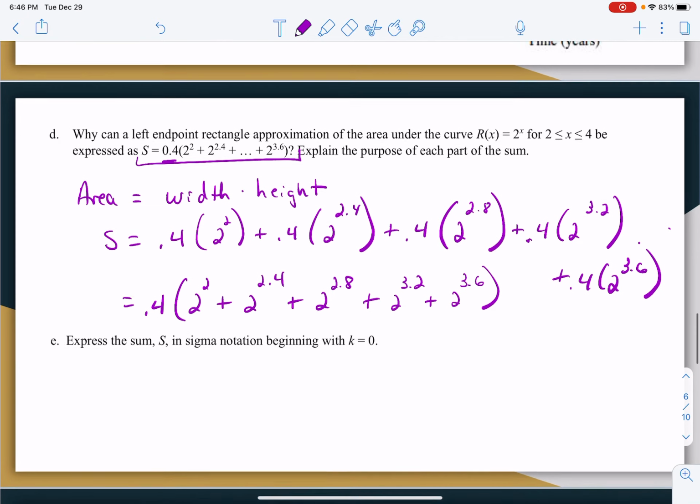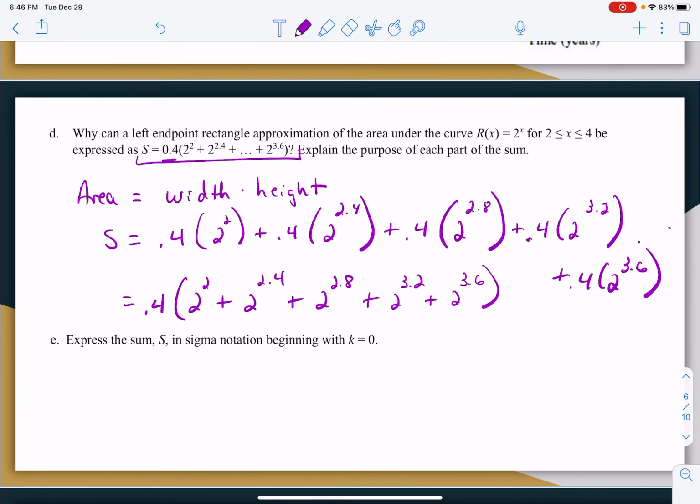So if I want to express this in sigma notation, I'm going from 0 to 4.